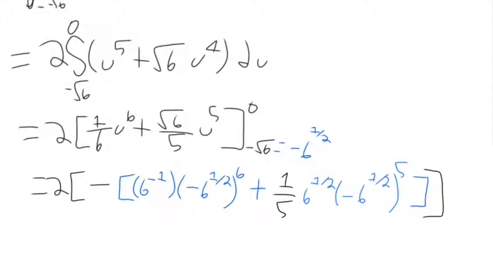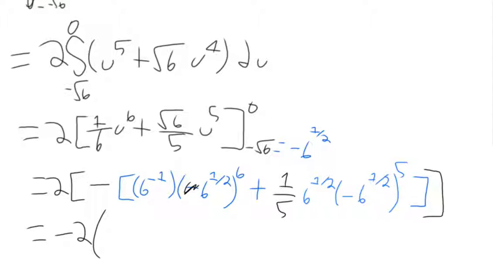So I can put down a negative 2 all the way in the front, and then just work out this part right here. So let's see. We have a negative, but we have an even power, so we know that the negative doesn't matter. 6 to the 1/2, when you raise that to the 6th power, you multiply the exponent, so 6 times 1/2 is 3.